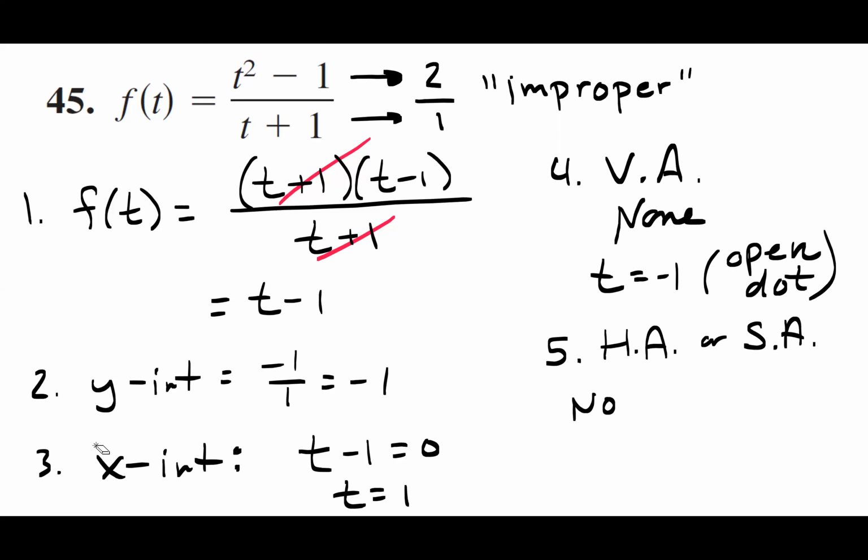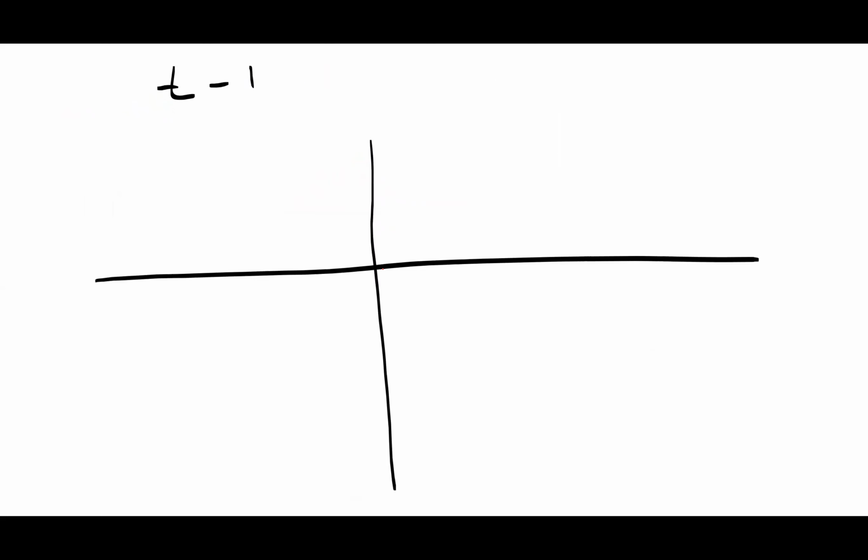All right, with that said, we're going to graph this guy. But we should know how to graph this. We should know how to graph x minus 1. It's just that the variable has been changed. That's it. So no HA. I'm graphing t minus 1. Here it is. It is just a line.